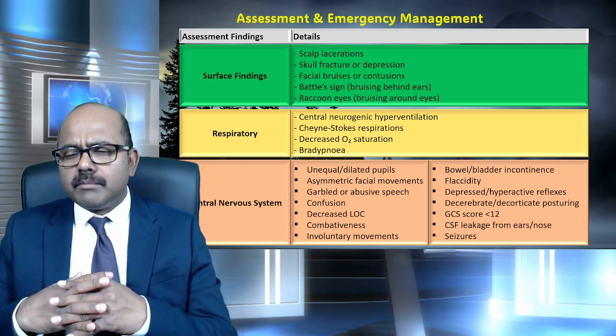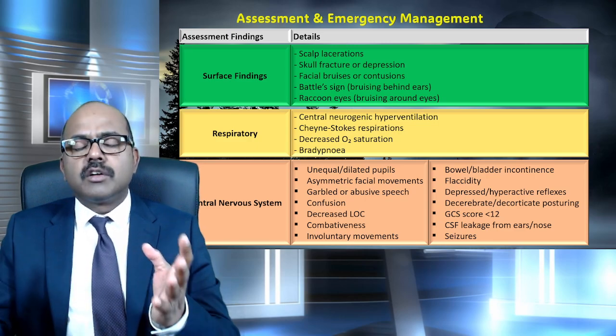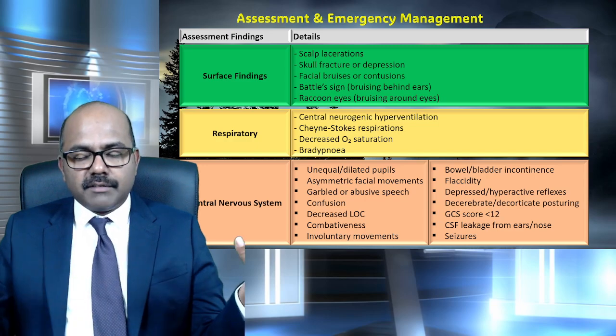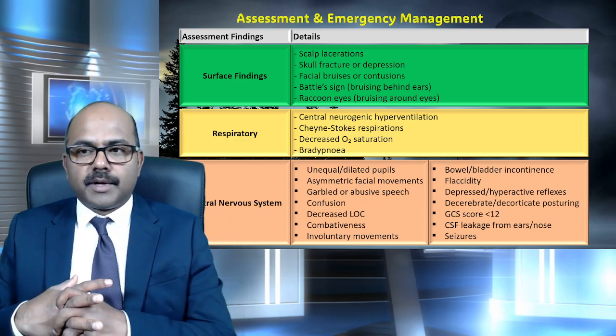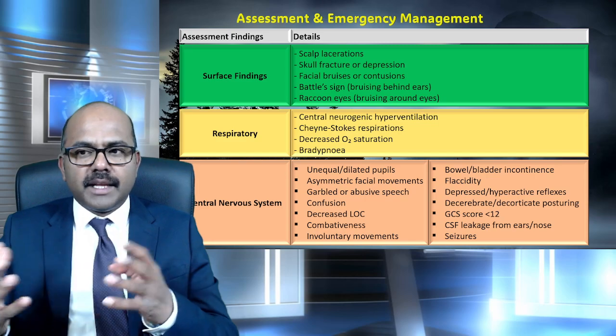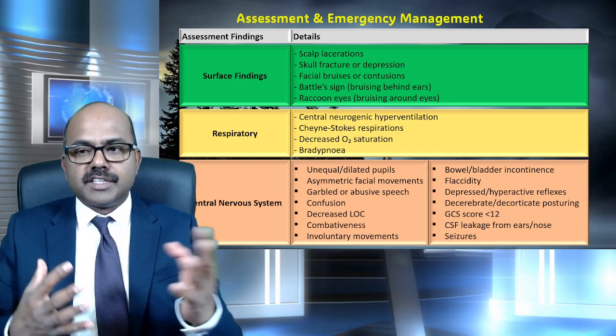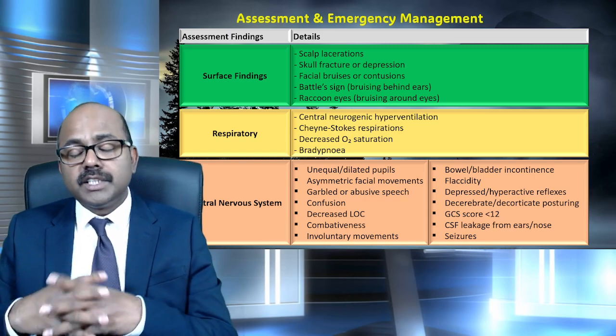Look at bowel and bladder status. If a patient who is not incontinent suddenly becomes incontinent, there can be a spinal issue or an issue with the brain. And look for muscle flaccidity. Look for any hyperactive or decreased reflexes, and any decerebrate or decorticate posturing.